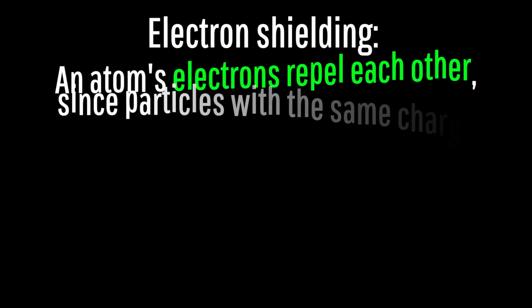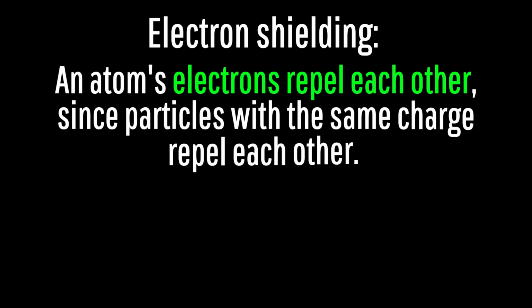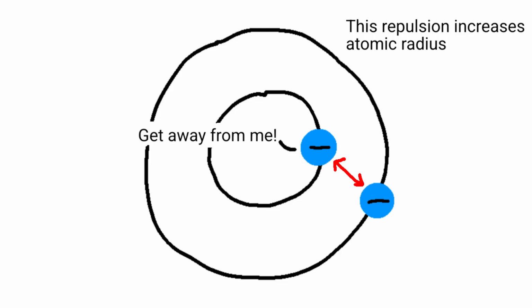Now, another way to look at this problem is with the concept of electron shielding. Electron shielding says that since electrons are negatively charged, an atom's electrons will repel each other, since particles with the same charges tend to repel each other. So, electrons on an inner energy level will slightly repel electrons on the outer energy level, pushing them away. This increases atomic radius.